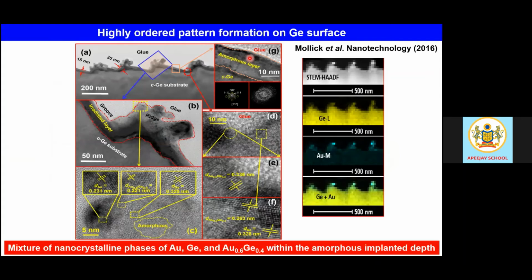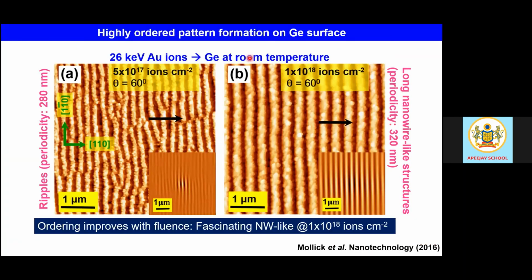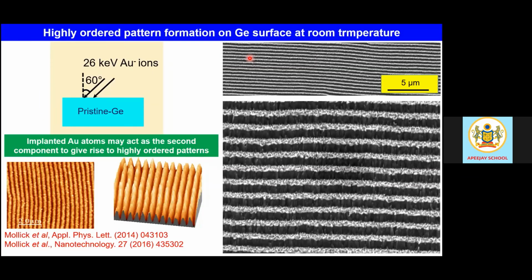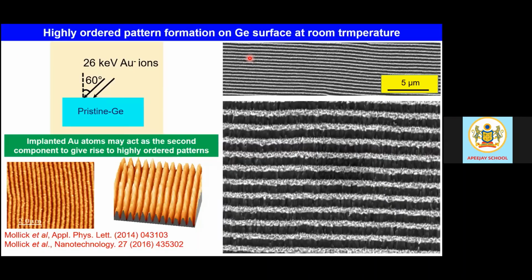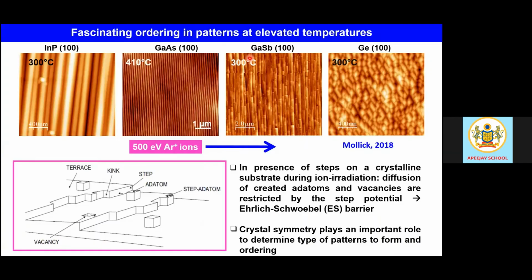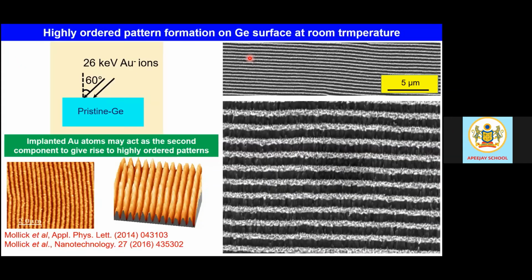So ordered patterns, in summary, can be formed in two ways. Either we do the experiments with lower energy ions but at elevated temperatures, or else we can use a different ion rather than the inert gas ions. Remember, all these reports I have discussed till now were formed by inert gas ions, just to make sure that the composition was not getting changed due to the incident ions, but here it is intentional.